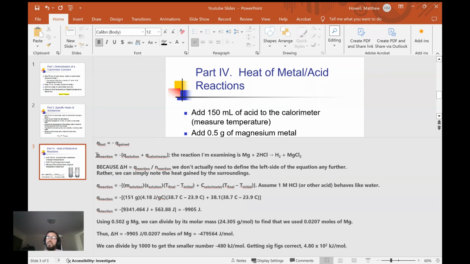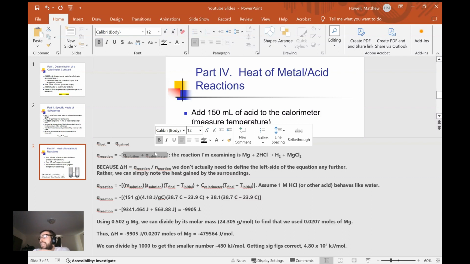And that might be a little difficult to understand in the abstract sense, but we're basically going to leave the left hand undefined. That's what we want to solve for. We don't want to solve for a piece of it. We don't need to replace it with m s delta T and solve for one of those component parts. But it will be the case that the things that gain the heat will be the solution itself or the calorimeter.